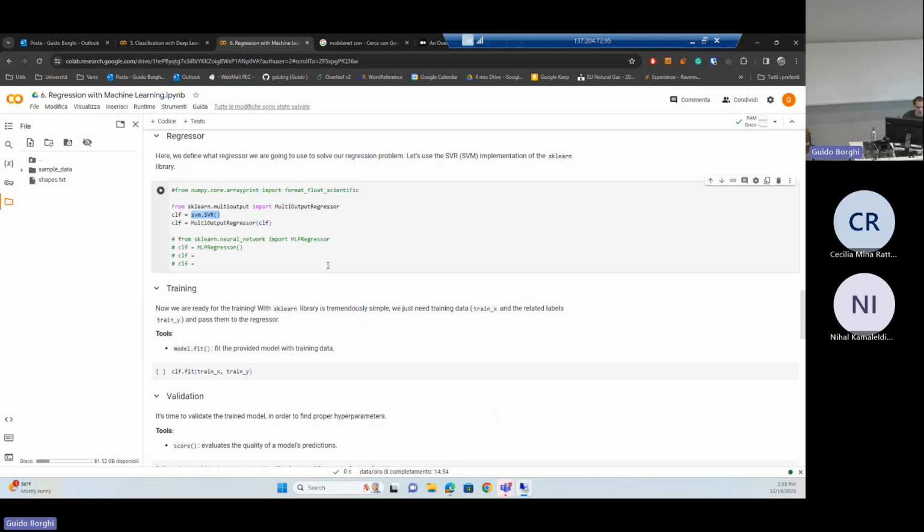Remember that in output we have two different values, since we have the X and Y coordinates. That's why we need the multi-output regressor. If you have only one value in output, you can use only the SVR method, for example. Or, as you can see here, we have the MLP regressor, that is the multi-layer perceptron implemented as a regressor, okay?